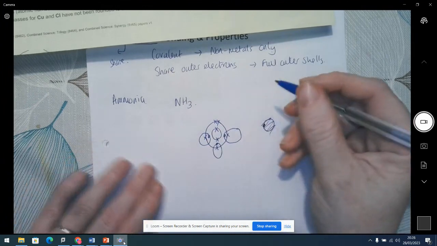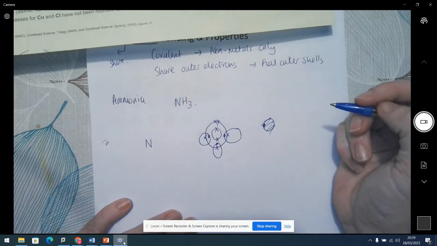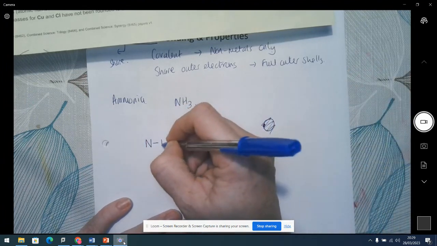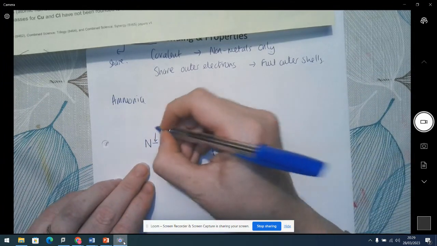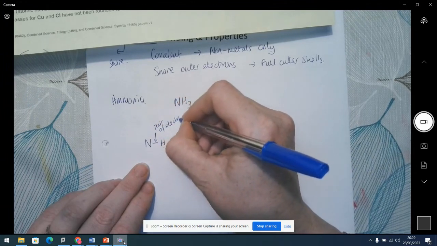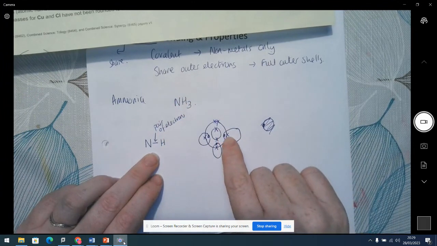If I was going to draw that, I would draw that with my nitrogen in the middle, which is what that middle atom is. And then draw a line to show my hydrogen, because that there is a pair of electrons. So I know that by that line, I've got my pair of electrons.